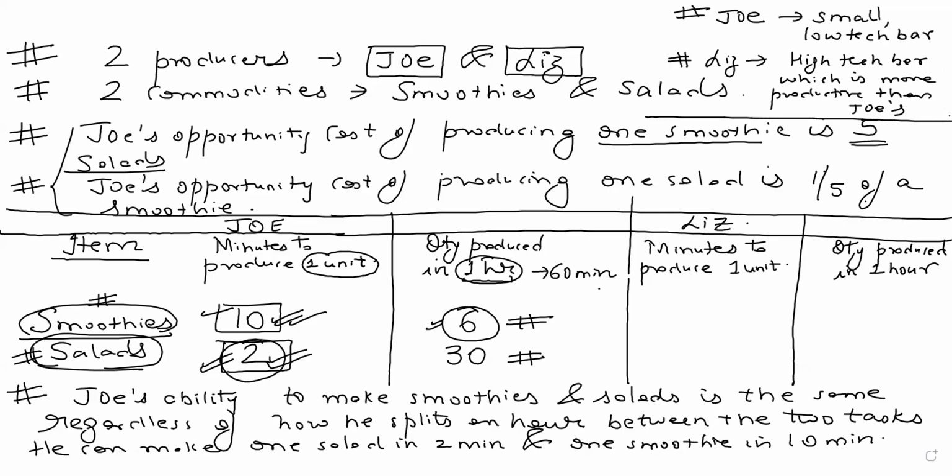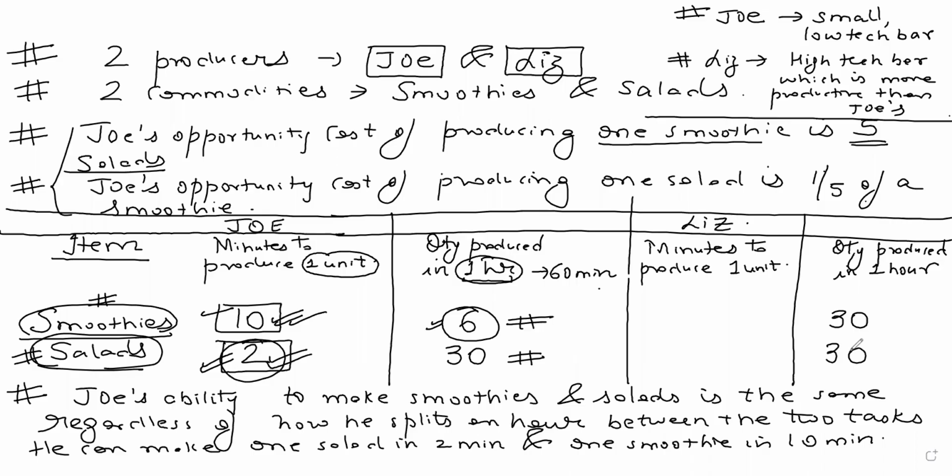Okay, so this is the additional piece of information given to us. For Liz, Liz can produce 30 smoothies in one hour and 30 salads in 1 hour.